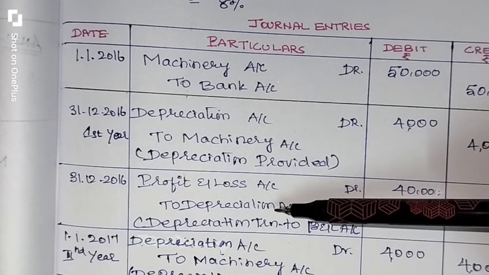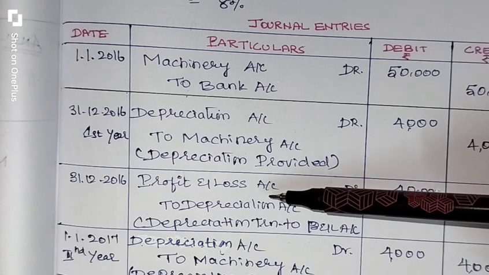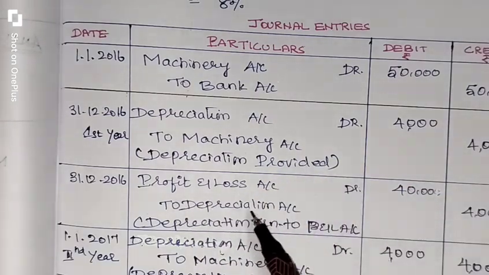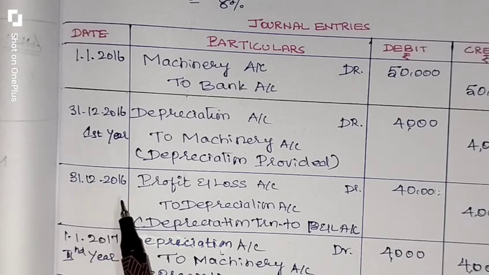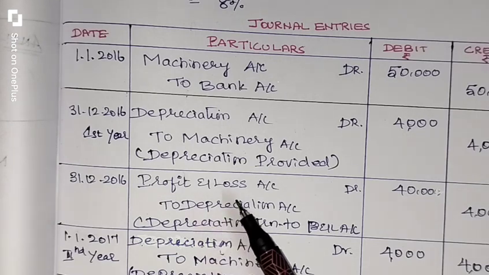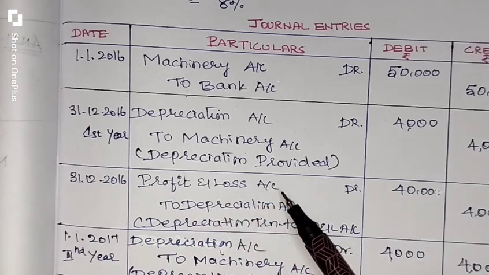So profit and loss account debit to depreciation account 4,000, dated on the same date, that means the closing date of the accounting period, 31st December 2016. Depreciation is transferred into the profit and loss account.